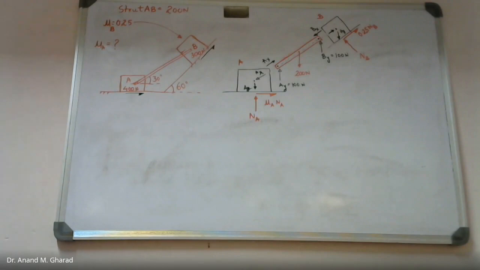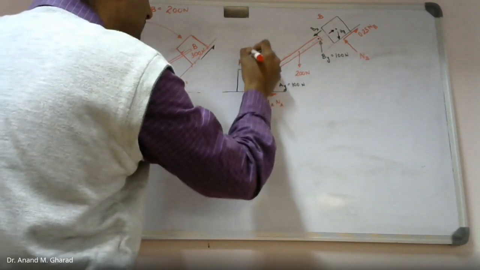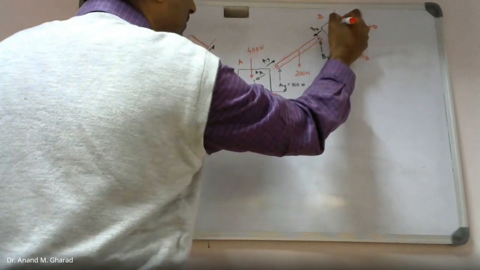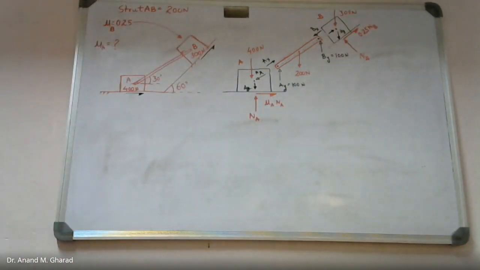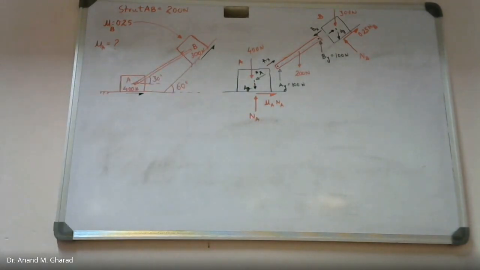One more thing, the self weight. This is given as 400 Newton. This is 300 Newton. So now what we will do is, since we have already found out the Ax and Ay values, we will concentrate on the blocks.